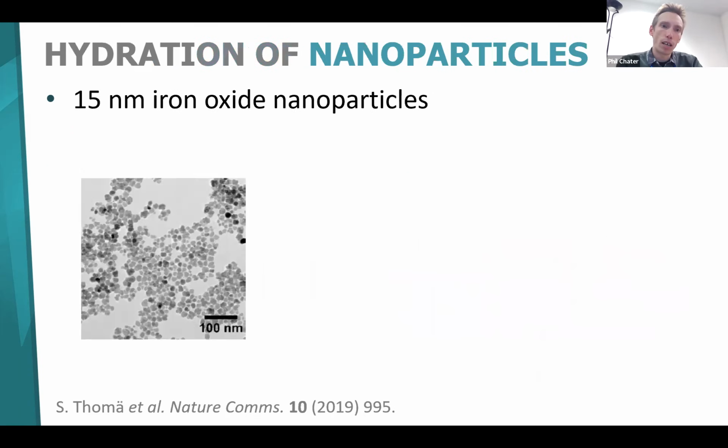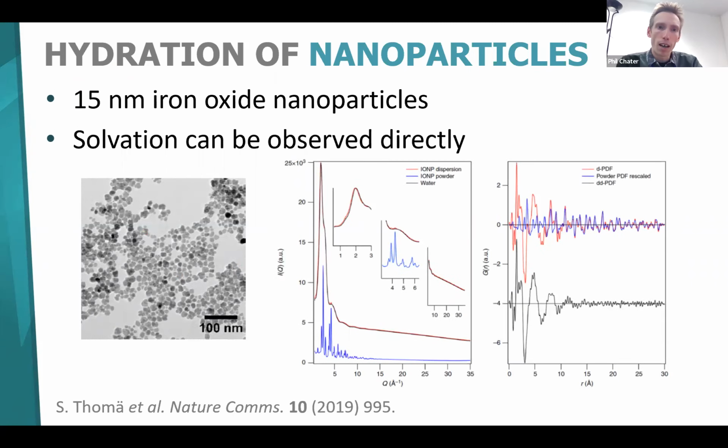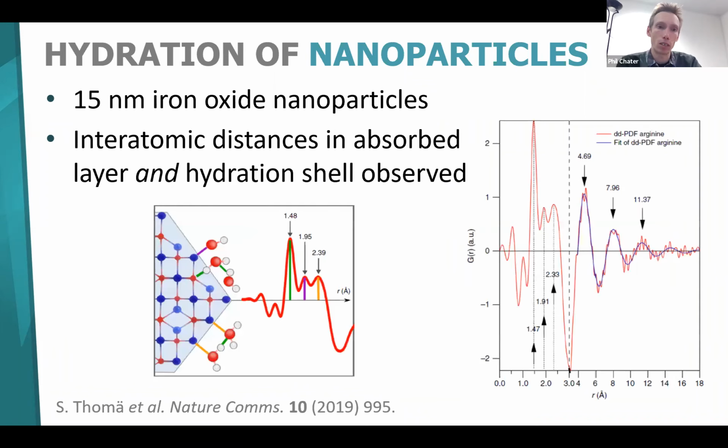Here's an example where you can also look not only at nanoparticles themselves, but at what's happening on their surface. Here we had some 15 nanometer iron oxide nanoparticles. Through some very delicate extraction of differences between data sets, we're able to extract this double difference PDF, where we're just seeing interactions of solvents on the surface.